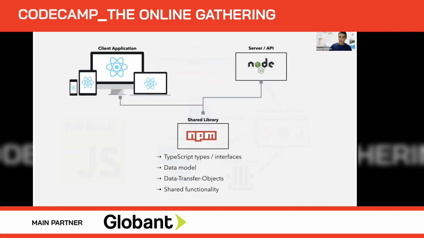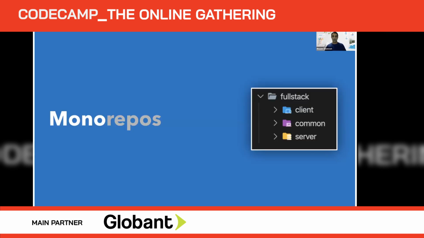This NPM package can have all the TypeScript definitions, interfaces, types, and the data models, data transfer objects, and everything else we are already familiar with. But we don't like it because it's a library, and working on two different repositories with a shared library, we need to work locally, and to work locally we need to do a symbolic link, and we don't like it. That's exactly where we face monorepos.